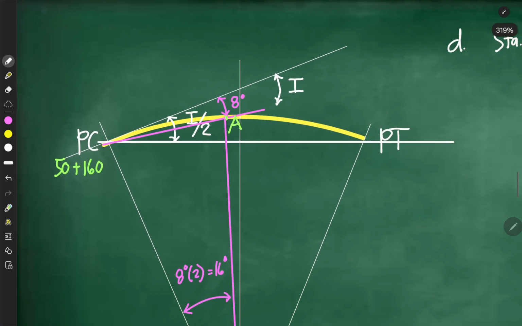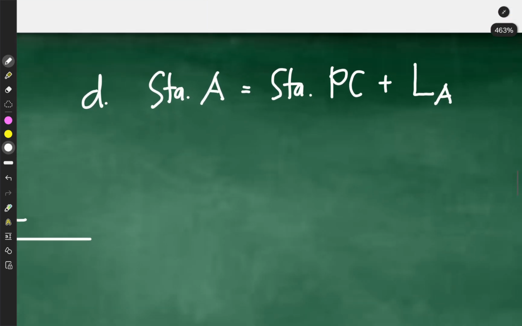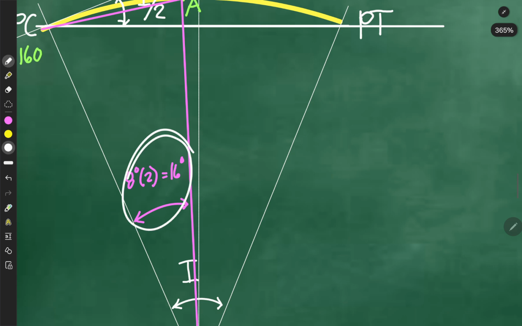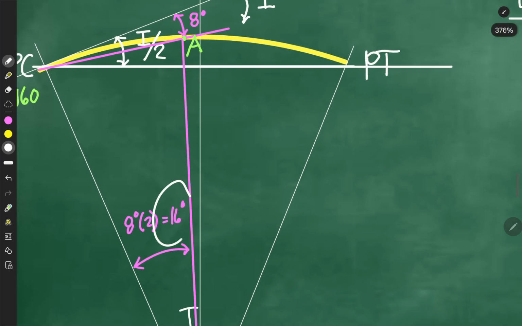Okay, so let's solve for that. The solving is the same as for letter A. We're going to use ratio and proportion, relating it to our circle. So LA, the length of curve along the curve from PC to point A, covers an angle of just 16 degrees. Again, why 16 degrees?